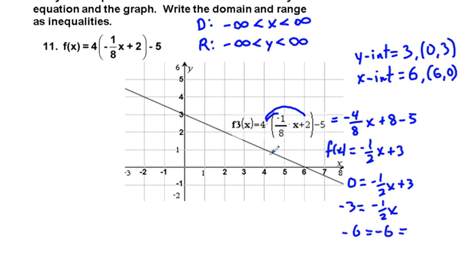And if we divide by -1, we're going to have x is equal to 6. So x is equal to 6, which verifies what we have up here.